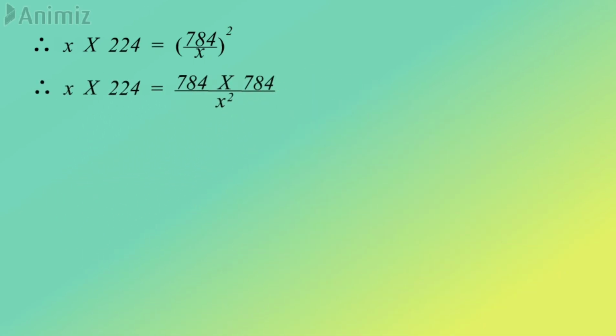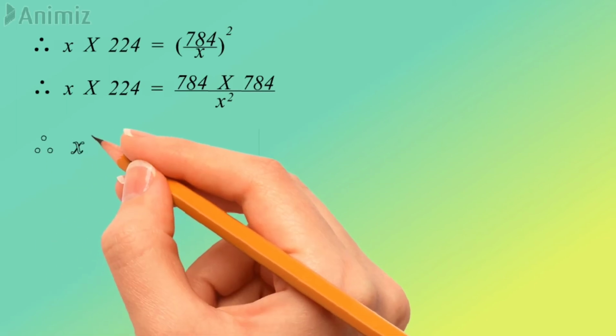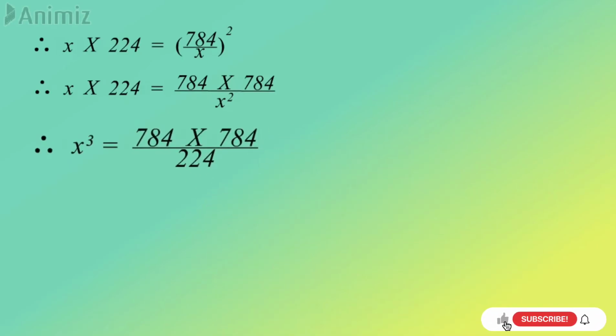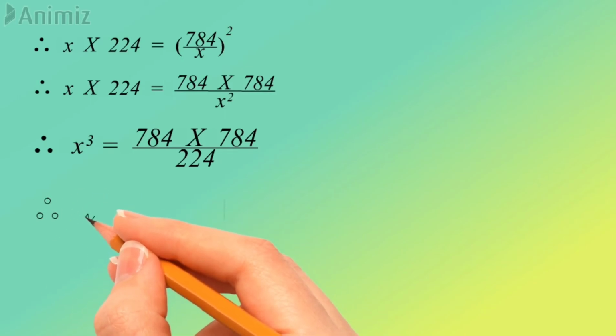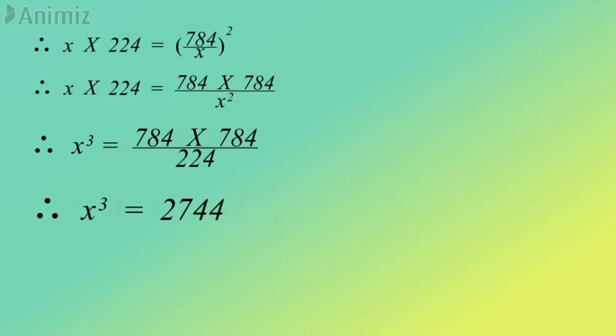Now transfer x square on the left hand side and 224 on the right hand side. So you will get this. Now reduce the right hand side. On reducing the right hand side, what will be your value of x cube? 2744. Now to get the value of x, you have to take the cube root of 2744. So on taking cube root, your value of x is 14.